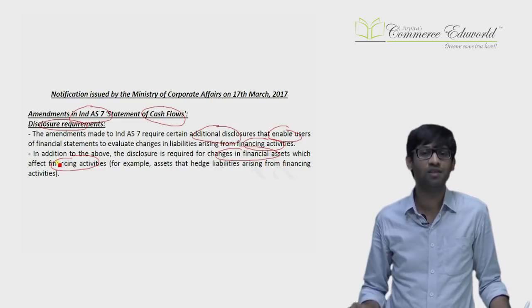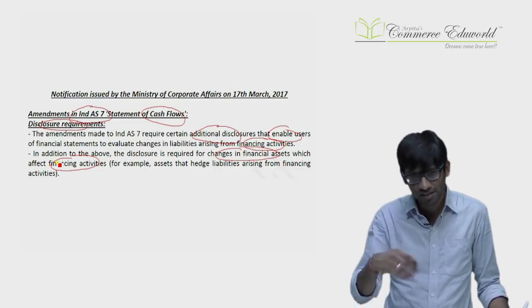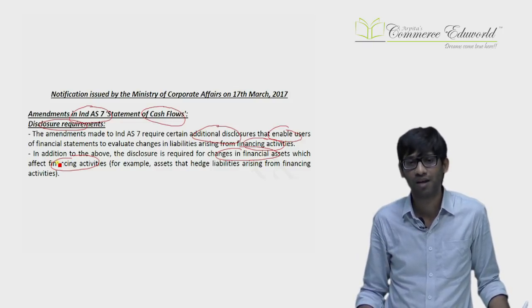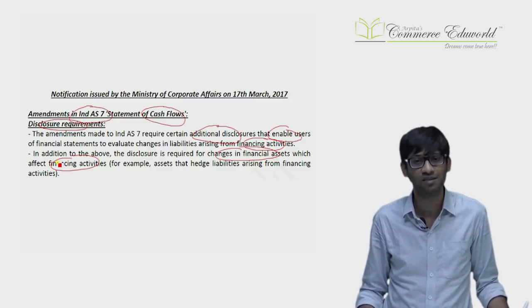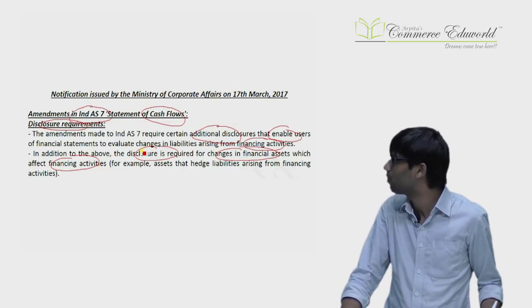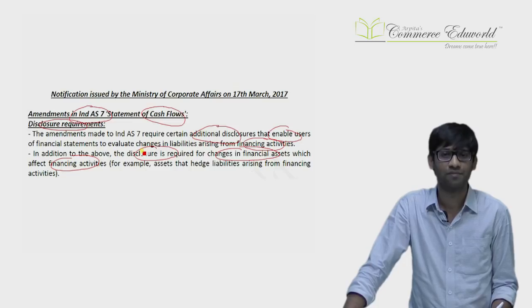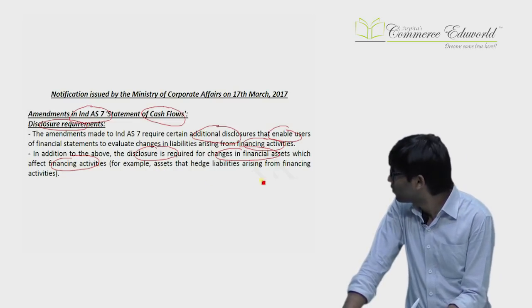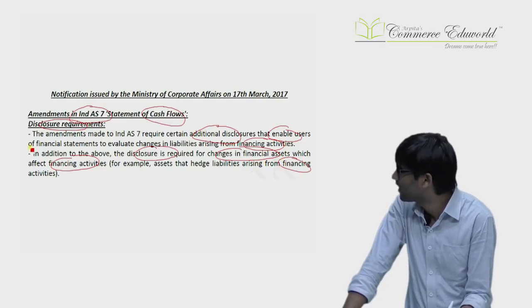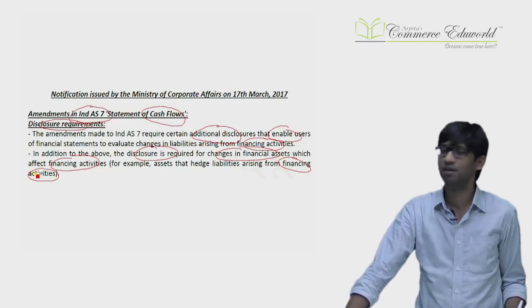There's a risk over there, foreign exchange risk. To hedge that foreign exchange risk, I've entered into a contract known as a forward contract. That forward contract is a financial asset. So you need to disclose some extra things, that is, changes about that financial asset, so that shareholders or users get a better understanding again of the financial activities.